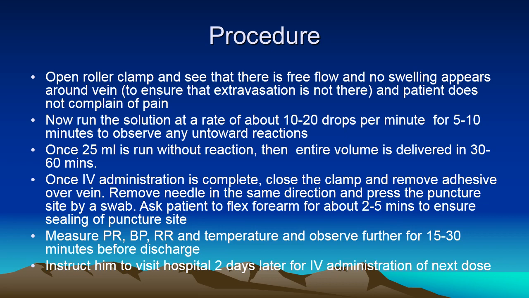Remove the needle in the same direction and press the puncture site with a swab. Ask the patient to flex the forearm for about 2 to 5 minutes to ensure sealing of the puncture site. Measure pulse rate, blood pressure, respiratory rate and temperature and observe further for at least 30 minutes before discharge. Instruct the patient to visit the hospital 2 days later for IV administration of the next dose.